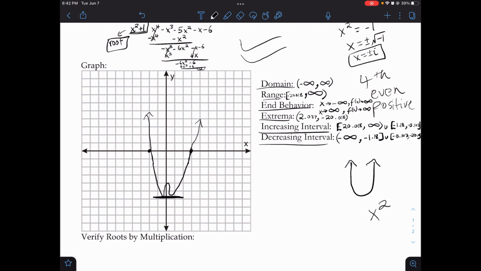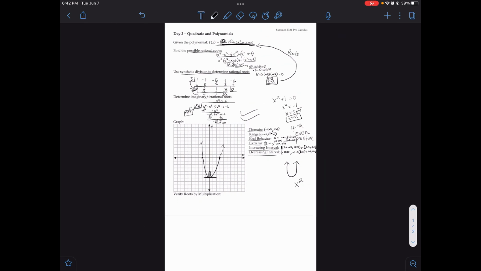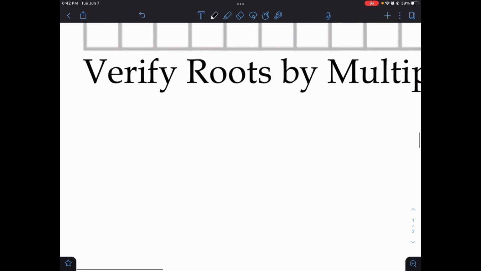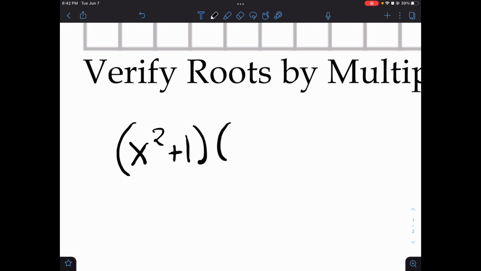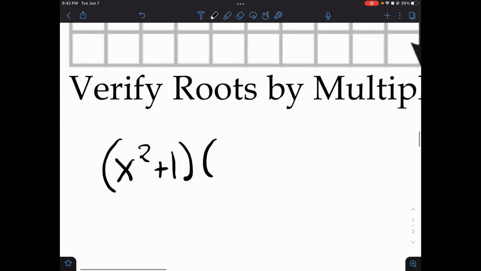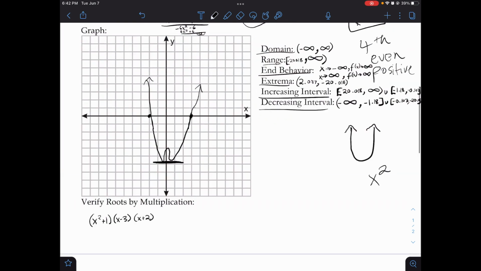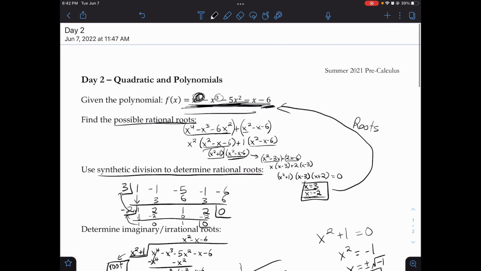So now that we have graphed them, let's verify our roots by multiplication. So to do that, we write our roots down, or the things we factored out. So we get x squared plus 1, x minus 3, and x plus 2. So that should equal the original polynomial right here.